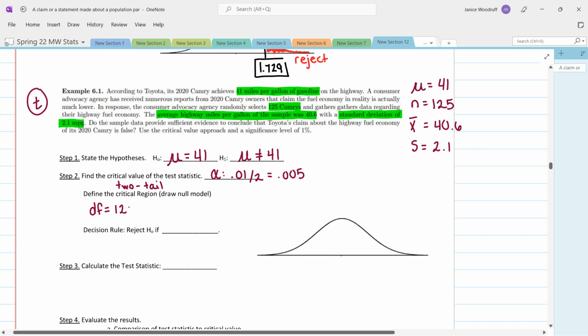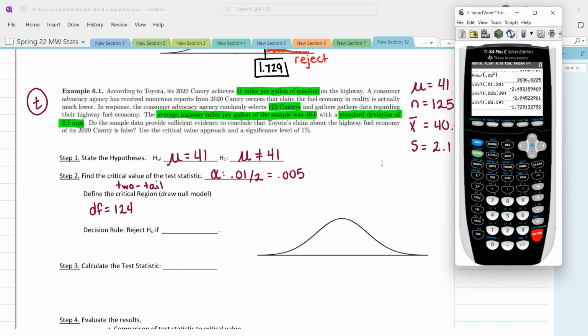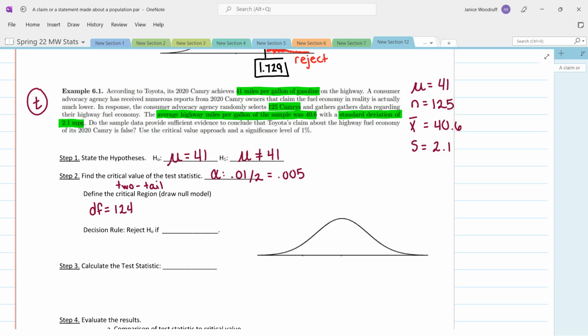So the sample size is 125. We subtract 1 and get 124. So if we look this up, we're going to go second distribution, inverse T, area of 0.005, degrees of freedom 124. That's going to give you negative 2.616 and a positive 2.616. So we'll say about right here.